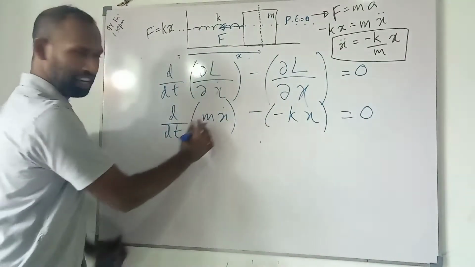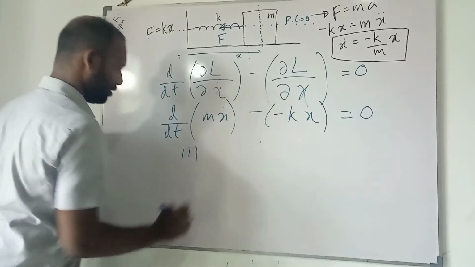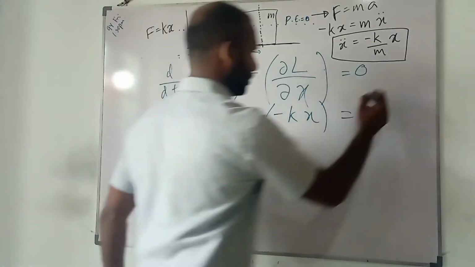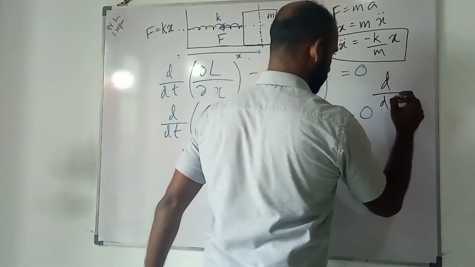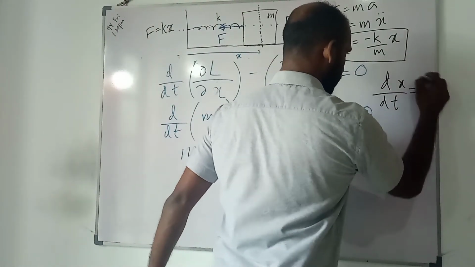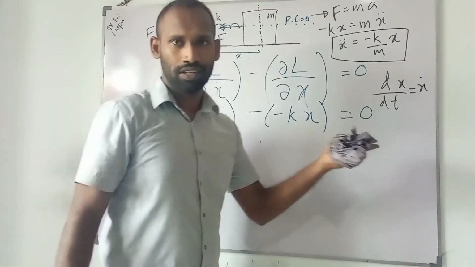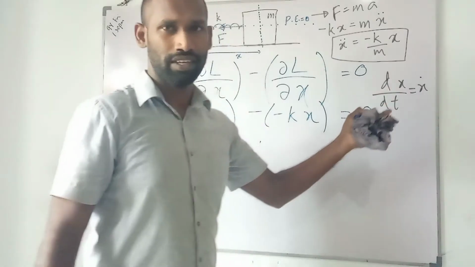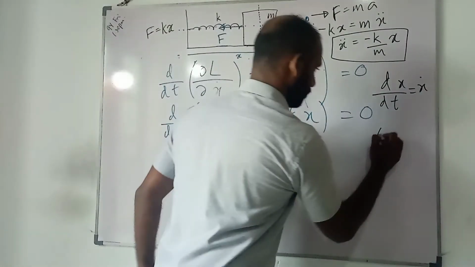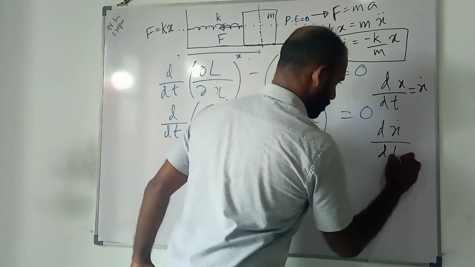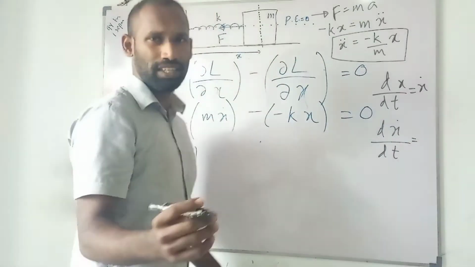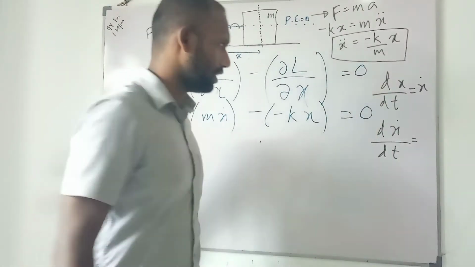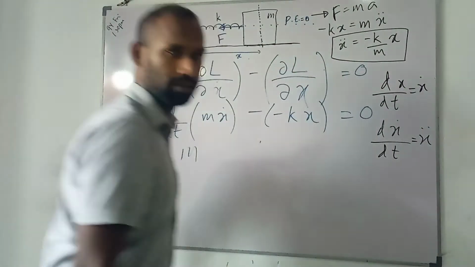So then m is a constant, and the derivative with respect to t of x is x dot. Similarly, the derivative of x dot with respect to t is x double dot.